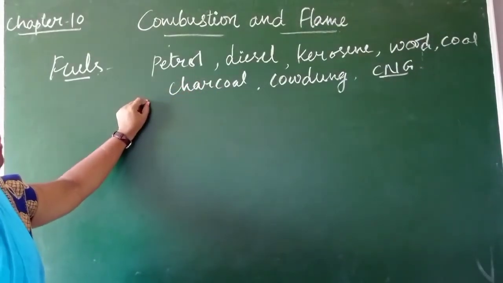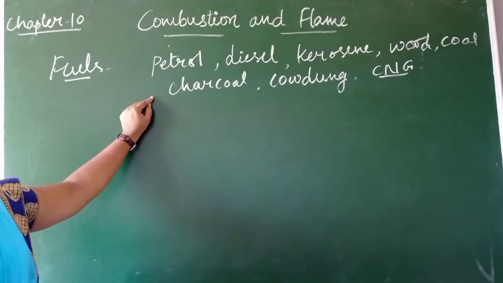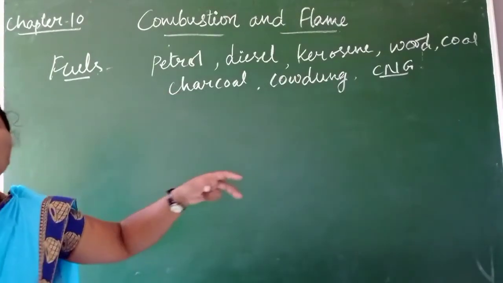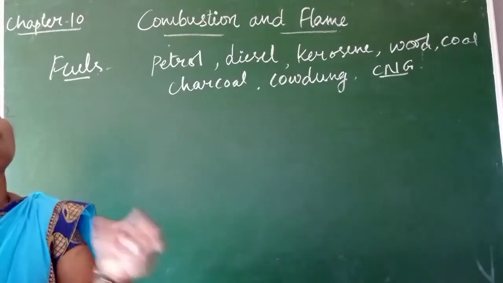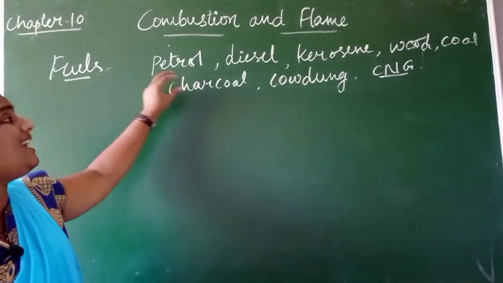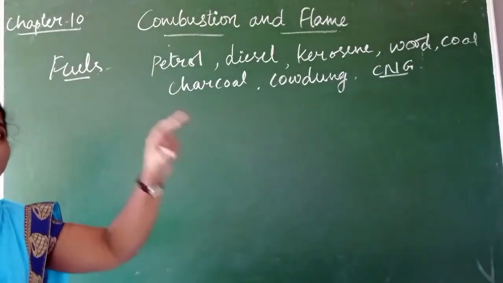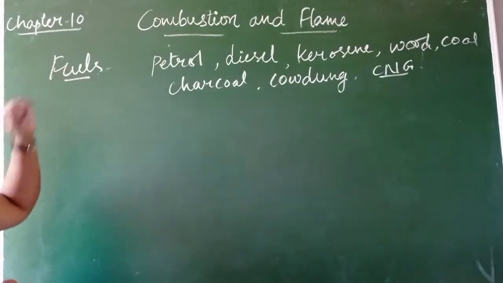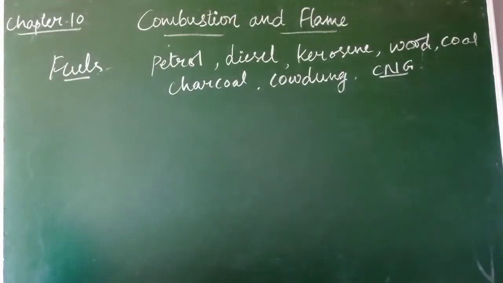Fuels. What happens when we burn these? Few will release heat and few will release energy in the form of light. So the substances which undergo burning in the presence of air, nothing but oxygen, are called fuels, children.